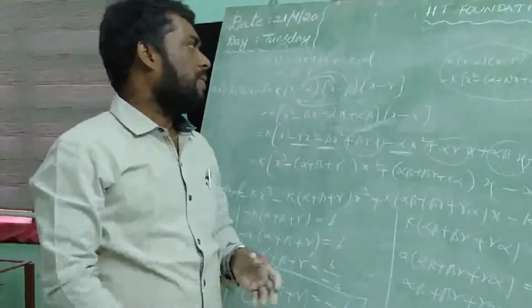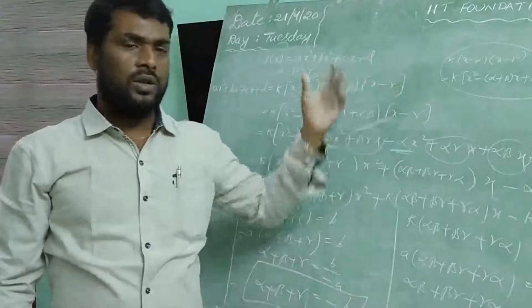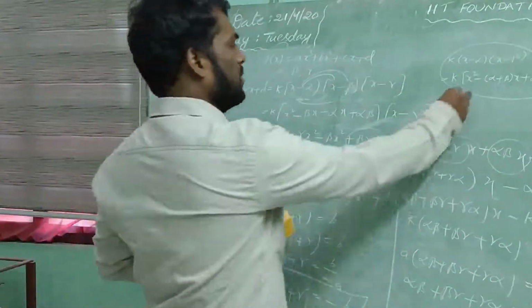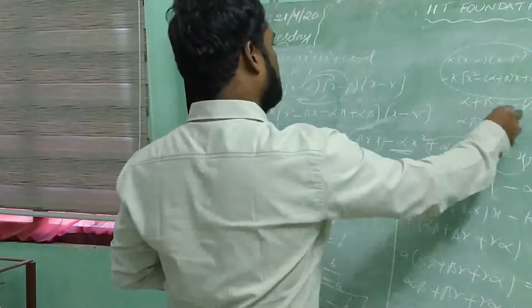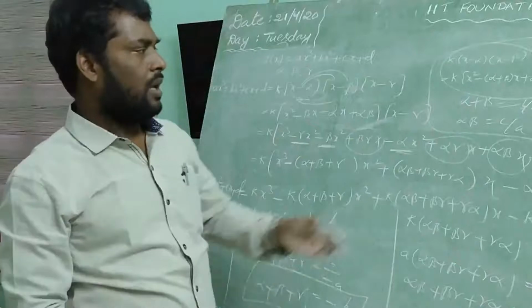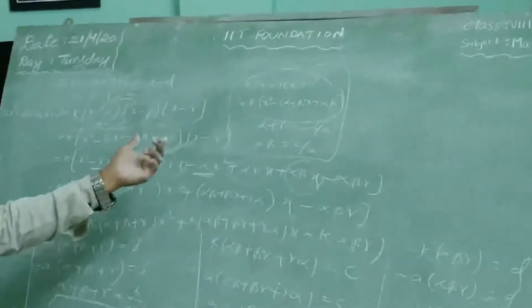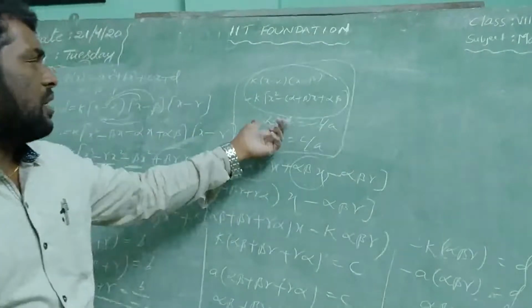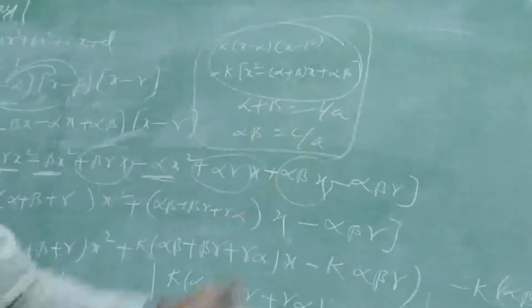And next, the relationship between zeros and coefficients of a quadratic polynomial. Alpha plus beta is equal to minus b by a. Alpha beta is equal to c by a. This is entirely about a quadratic polynomial. Alpha plus beta means the sum of the zeros, alpha beta means the product of the zeros. The sum of the zeros of a quadratic polynomial is minus b by a, and the product of the zeros of a quadratic polynomial is c by a.